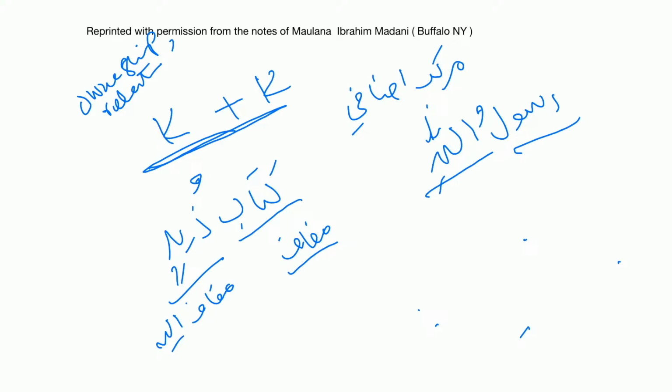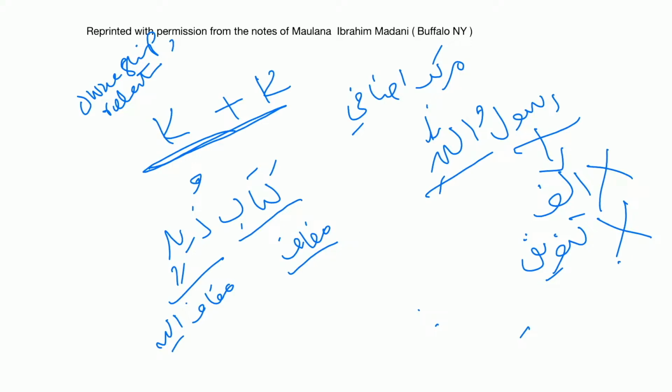The sign of mudaf, अभी से दिल पर लिख लो, write it on your heart. That mudaf never accepts alif lam, and it never accepts tanween. This is one of the few rules of Arabic which has no exceptions. 99% of the Arabic rules have what? Exceptions. But this rule has no exception.